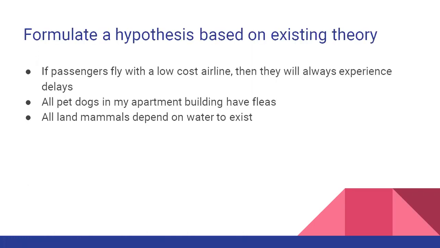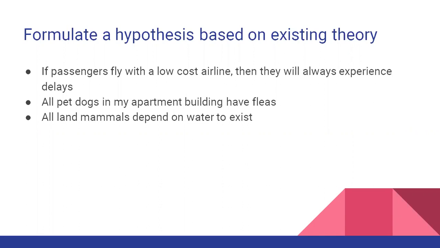Then the next stage is to formulate a hypothesis based on the existing theory. I discussed what exactly is meant by hypothesis in one of my lectures, or you can simply consider this a kind of assumption, right?